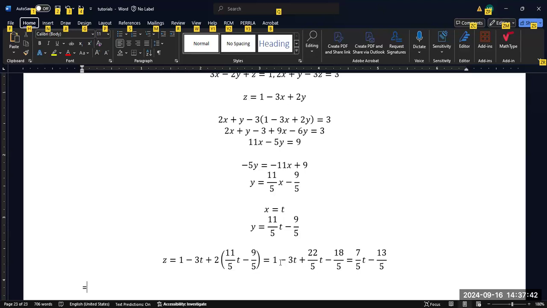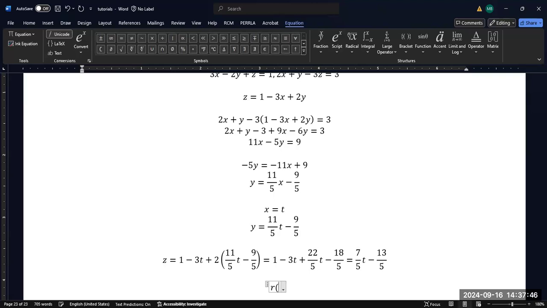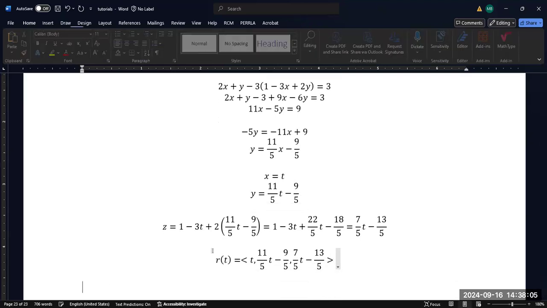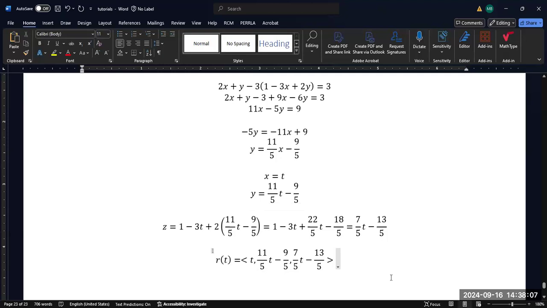And so then my vector is going to be t, and 11 over 5 t minus 9 over 5 in the y component, and 7 over 5 t minus 13 over 5 in the z component.